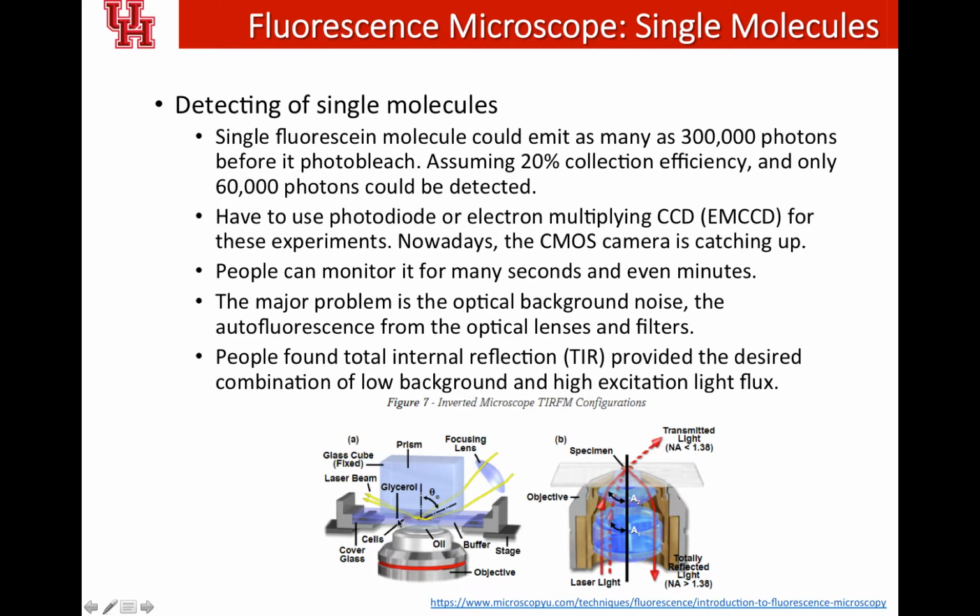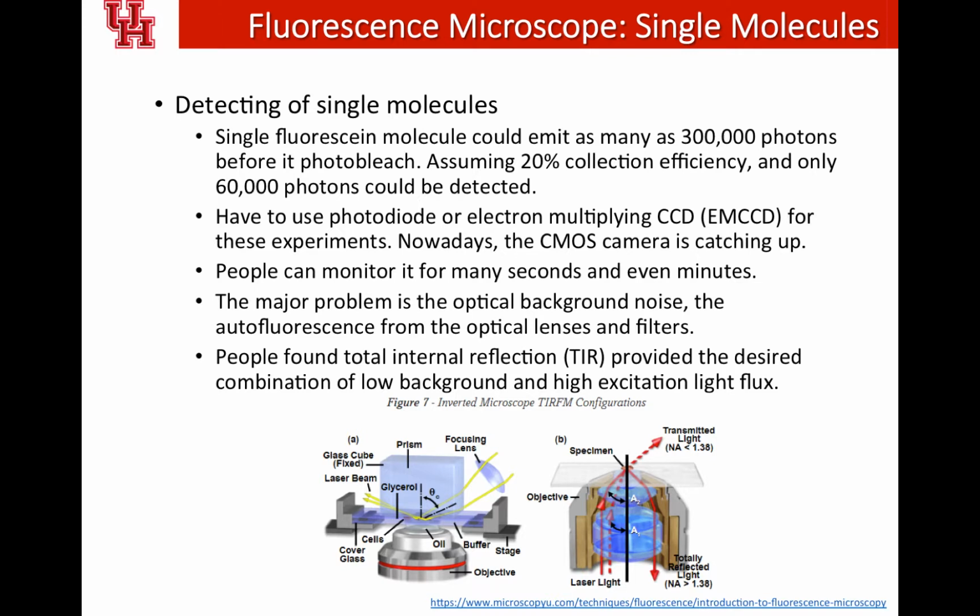Because of this, if your incident angle is bigger than the critical angle, you will excite the so-called evanescent wave, an enhanced near field, on the top glass slide, on the bottom side of the top glass slide, where you have your cells cultured on the glass surface.